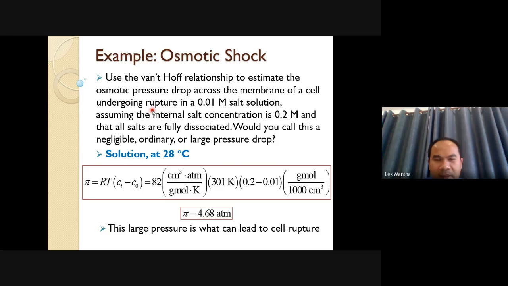And then finally we get delta P equal to 68 atm. This pressure is quite a high value. That's a large pressure drop across the membrane, which is to estimate the osmotic pressure. That's right, the osmotic pressure.